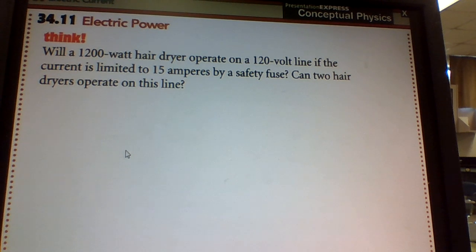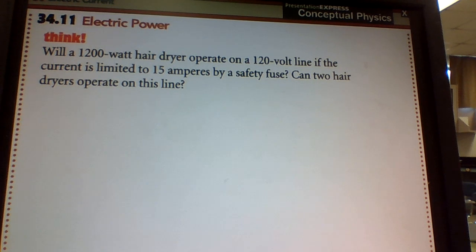Will a 1200 watt hairdryer operate on a 120 volt line if the current is limited to 15 amperes by a safety fuse? Here you would want to take your power divided by voltage, which would be 1200 divided by 120.